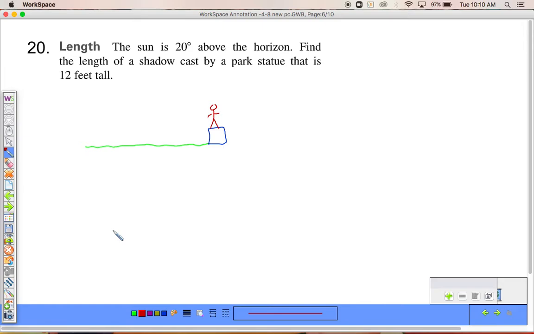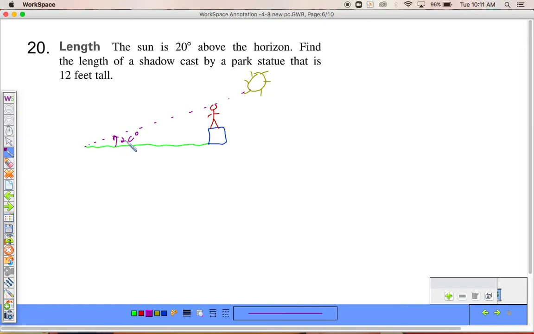All right? Our sun is here. All right, so the sun is 20 degrees above the horizon, so I'm going to say this is my angle to the sun, which is 20 degrees above the horizon.